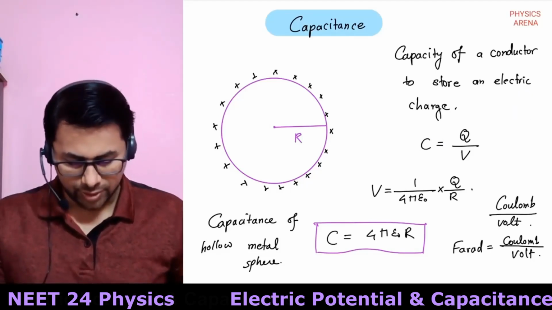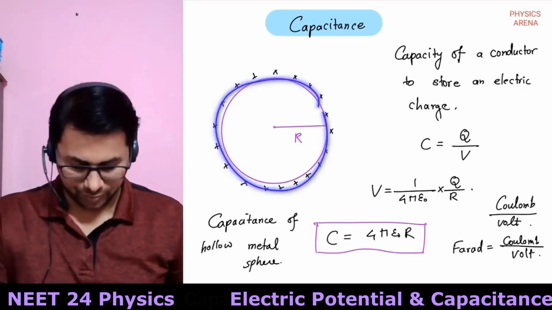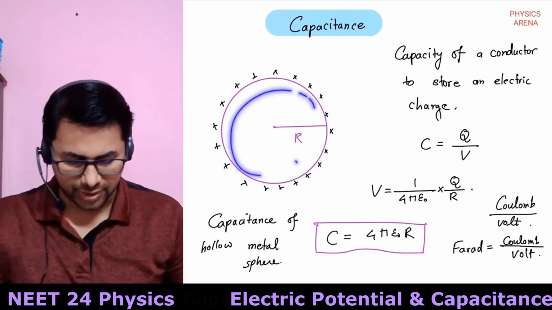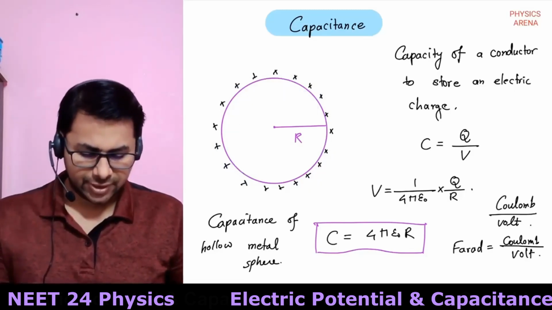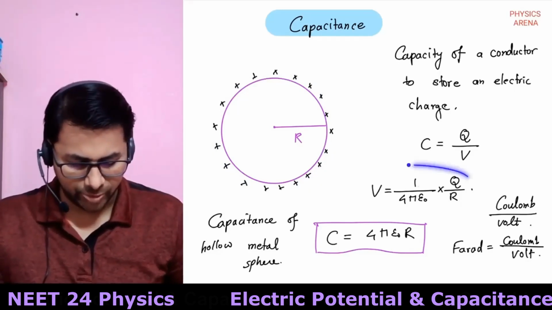Now this is a spherical conductor. What would be the capacitance of a spherical conductor? To find it out, we need to find the potential difference.